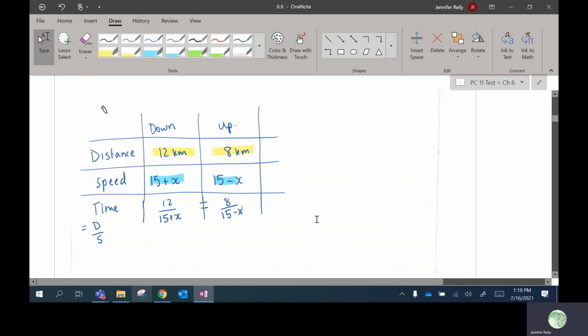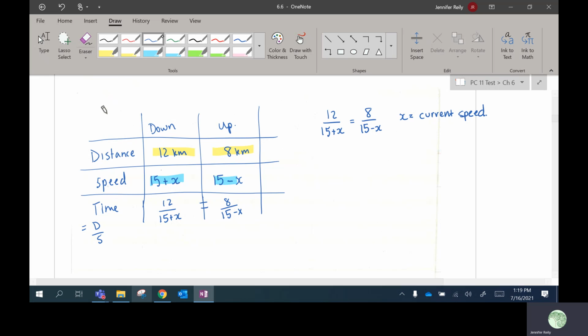Now, the way this scenario was set up, it said that the two times were equal. So that's why I put an equal sign here, and that's our equation that we're solving. 12 over 15 plus x equals 8 over 15 minus x. x is the current speed. That's what we're solving for here.